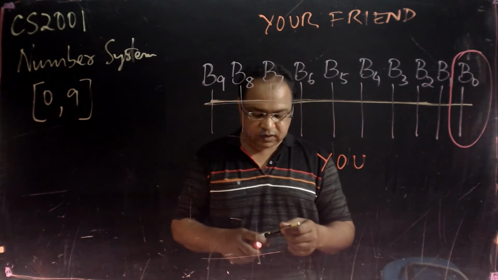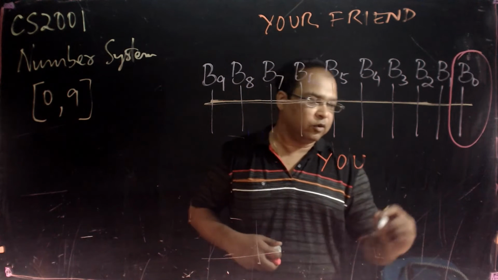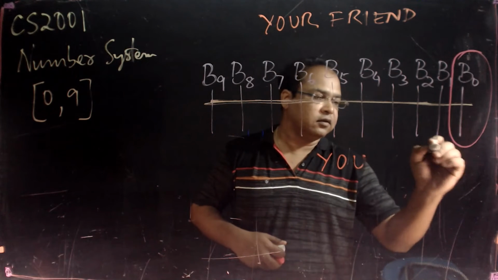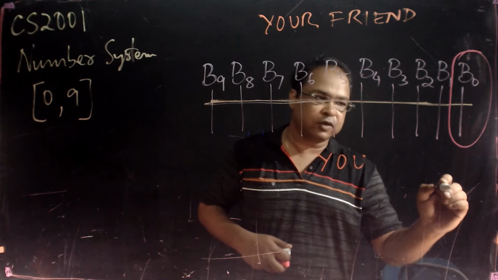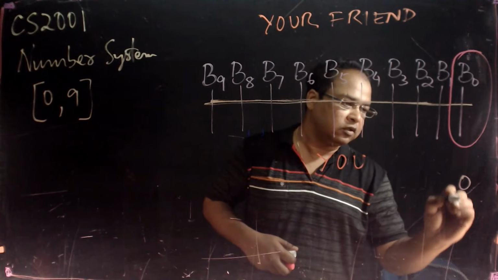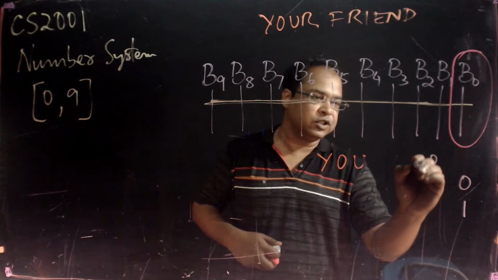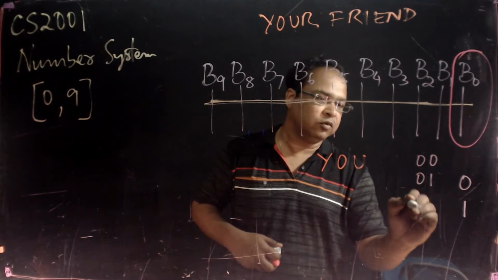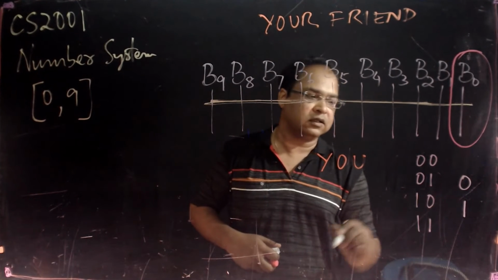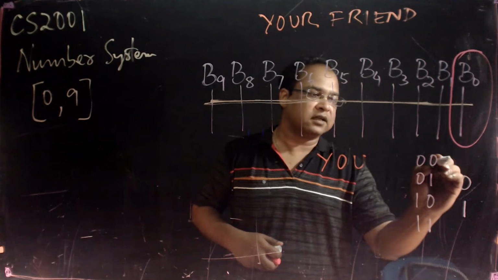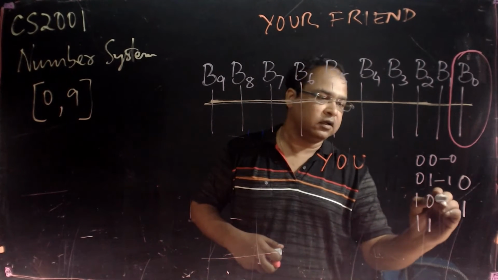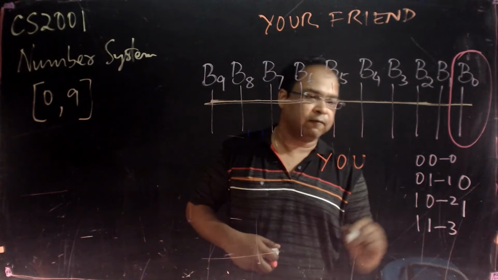So again, in binary, if you have 1 bulb, the number of possibilities are 0, 1. If you have 2 bulbs, it becomes 00, 01, 10, 11. Its decimal equivalents are 0, 1, 2, 3.